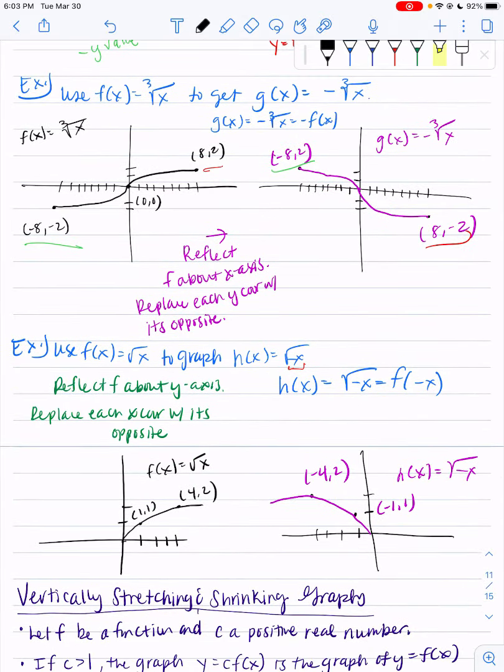Okay, so let's go ahead and do an example. Use f of x equals the cube root of x, so that's our parent function, to get g of x equals negative cube root of x. So I'm going to start with the parent function and pick some points.